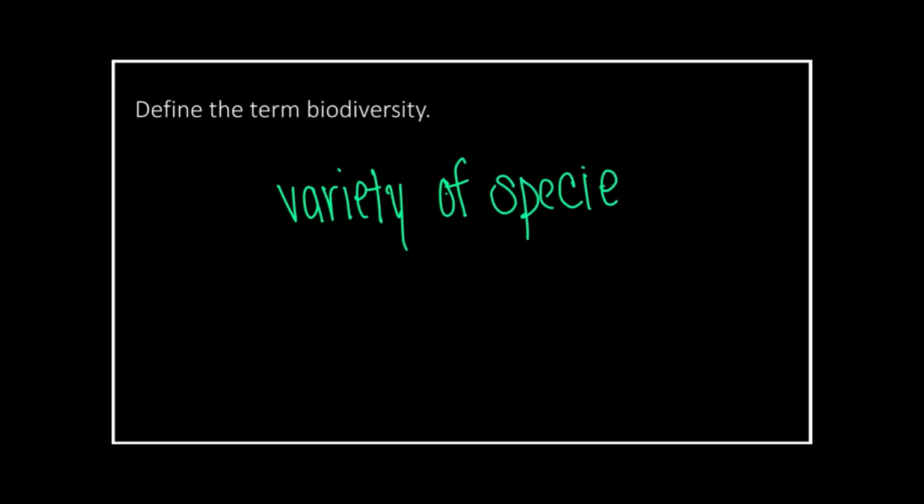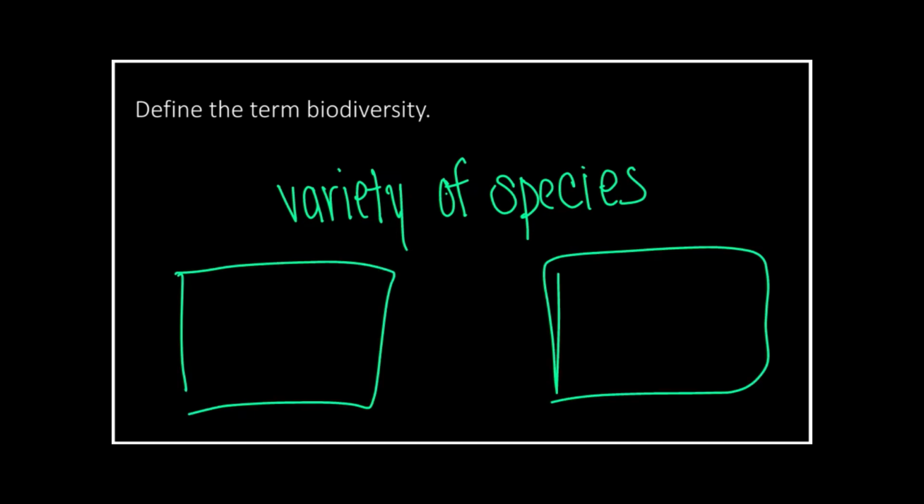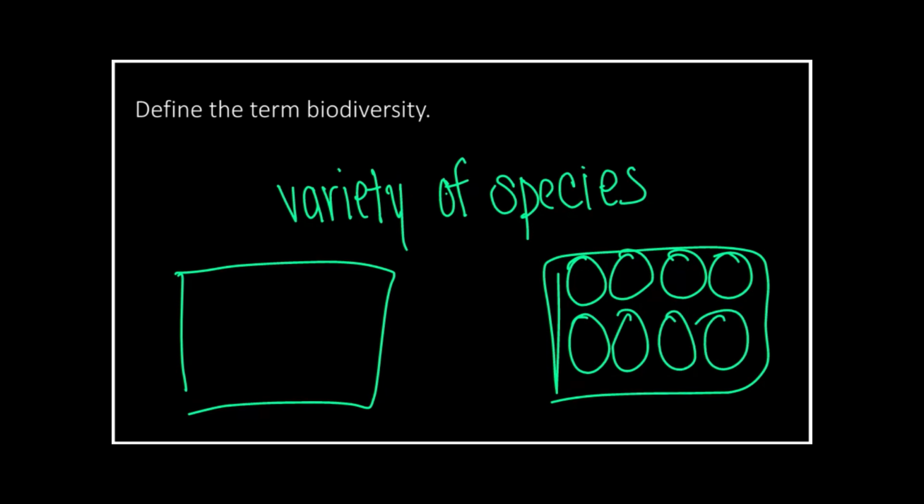Okay, so now let's talk about the term biodiversity. And the best definition I've ever really heard about biodiversity is the variety of species. Okay, it's not the total number of organisms in the environment, it's the variety. So let's say, for example, this is kind of a weird example, but let's say we have donuts, right? And these are all glazed donuts. We've got a lot of donuts, but they're all the same.